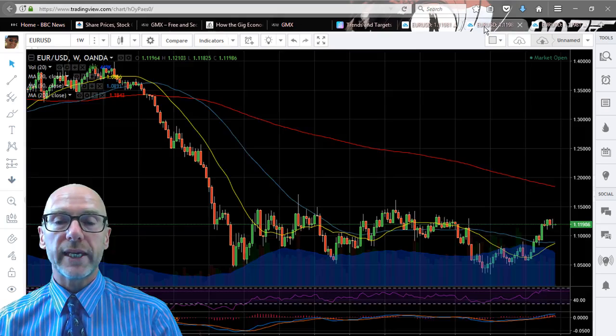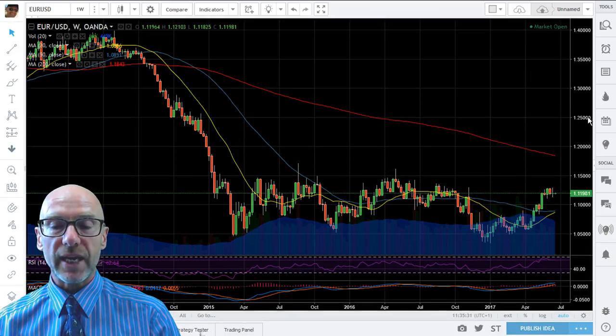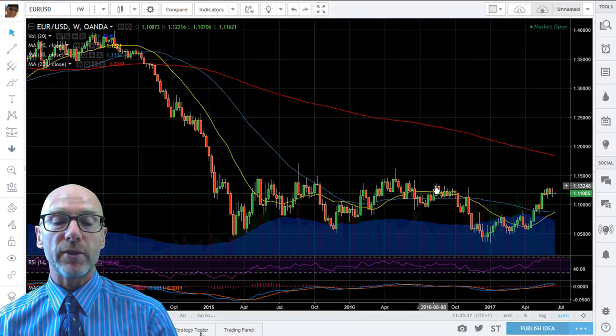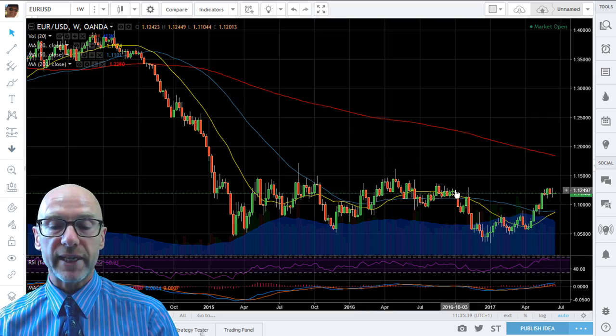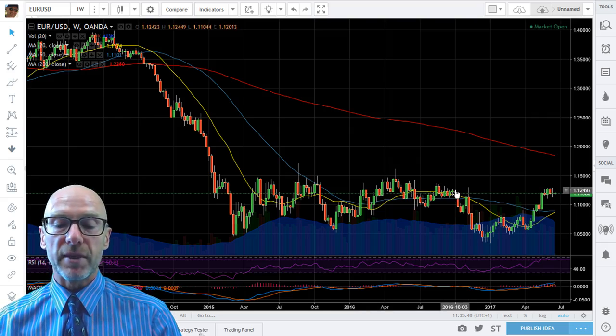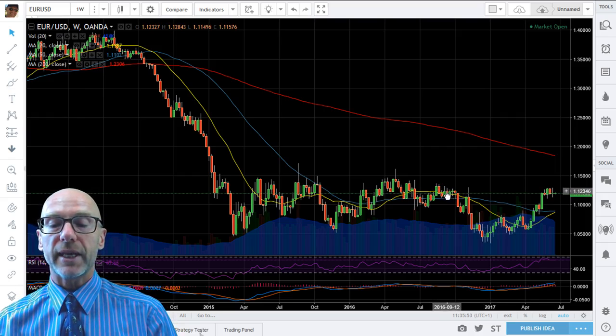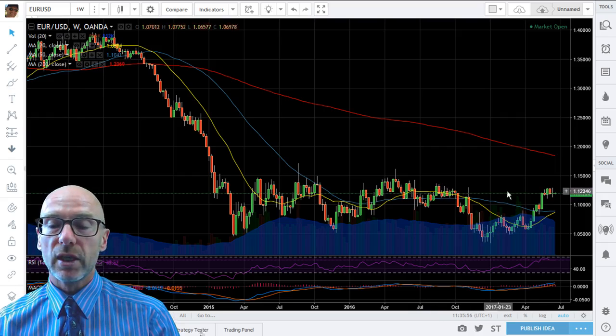Looking at the weekly picture, here you can see the long period we had last year of range trading, and that certainly is causing the resistance to the upside. There's lots of key resistance levels, and we seem to be faltering at the ones that we saw back in September-ish.